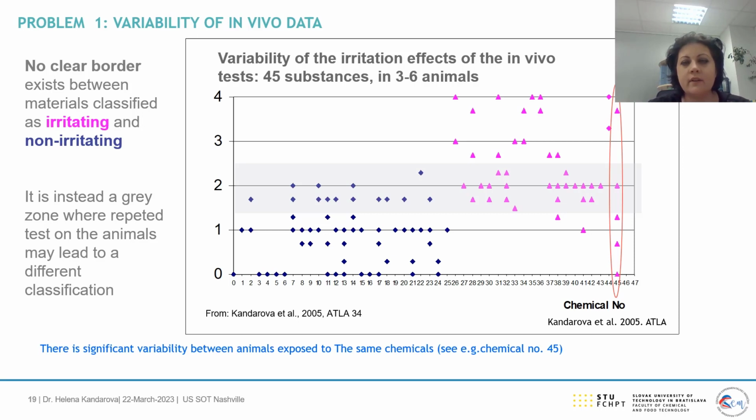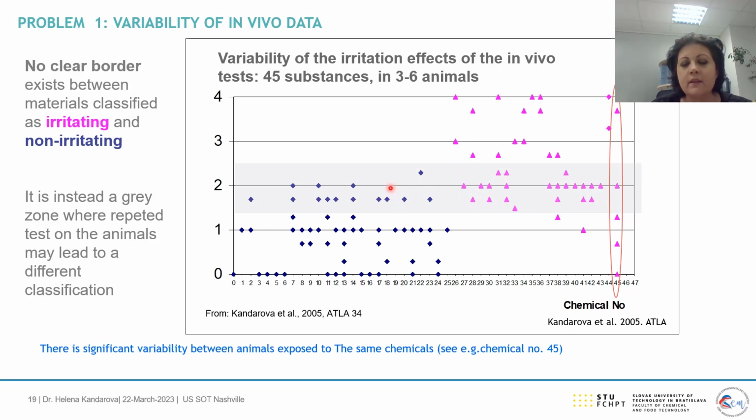Instead of a line that would discriminate these two groups, you see a kind of gray zone, and in this gray zone you have a number of materials that are borderline. If there were repeated testing on animals, it is very likely that some of these materials that are classified here as irritating would be non-irritants in the second run.